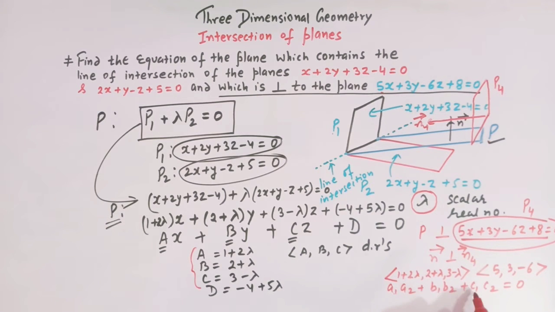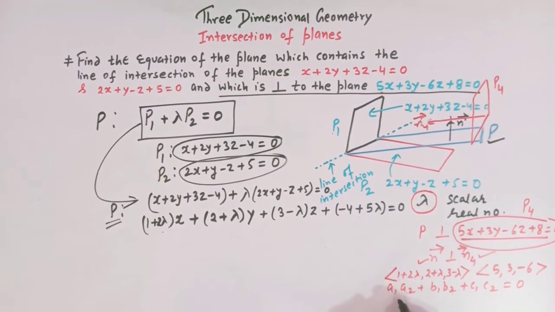Where a1 b1 c1 are the direction ratios of the first vector and a2 b2 c2 are the direction ratios of the second vector. So here a1 b1 c1 are given by 1 plus 2 lambda, 2 plus lambda, and 3 minus lambda, and a2 b2 c2 are given by 5, 3, and minus 6, right?